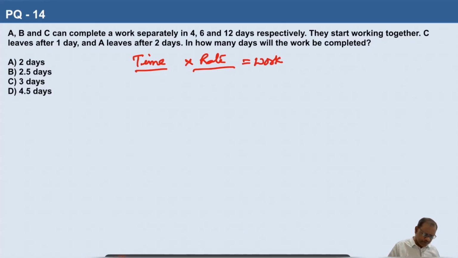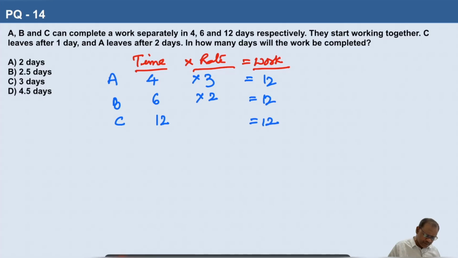So how many people are there? Here we have 3 people, A, B and C. So they will take 4 days, 6 days and 12 days. So LCM is 12 in all the 3 cases. It is divisible 3 times, here 2 times and 1 time.